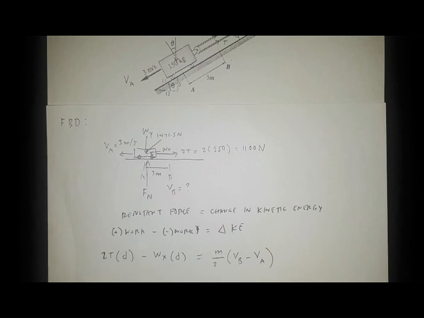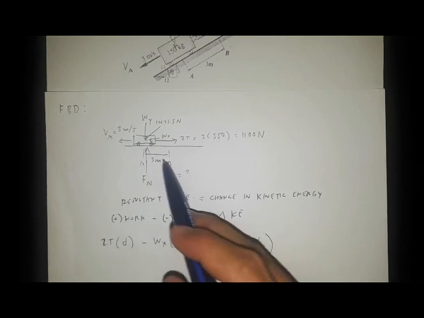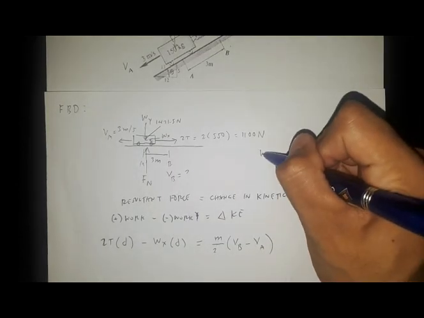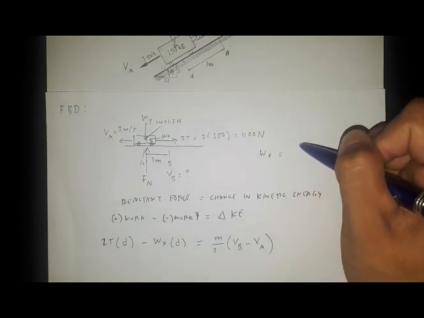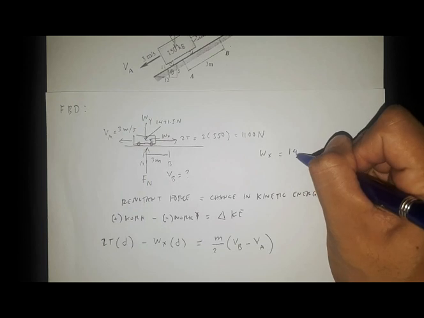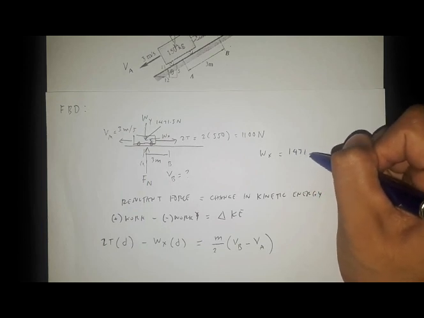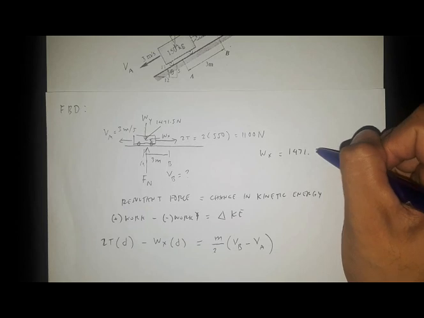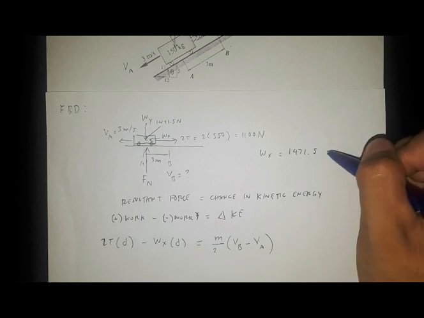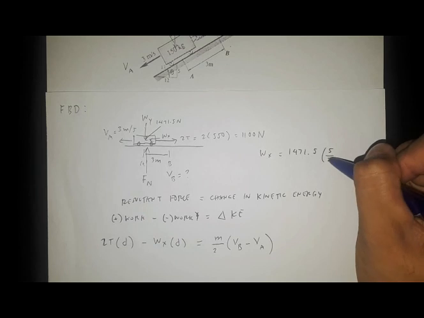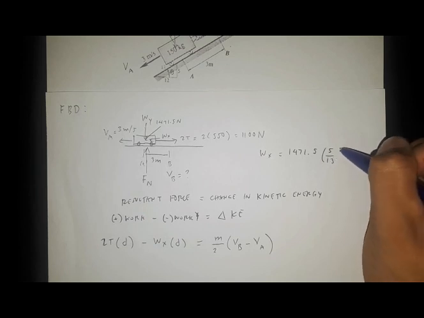Now, what is Wx? So your Wx is the x component of the weight, and that will be 1,471.5 multiplied by 5/13.